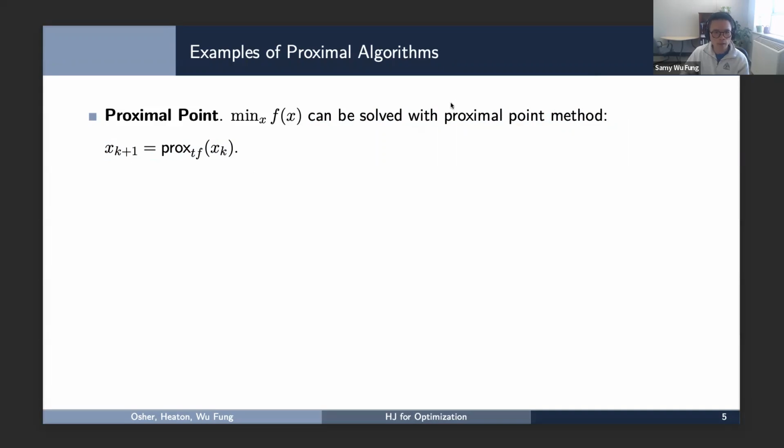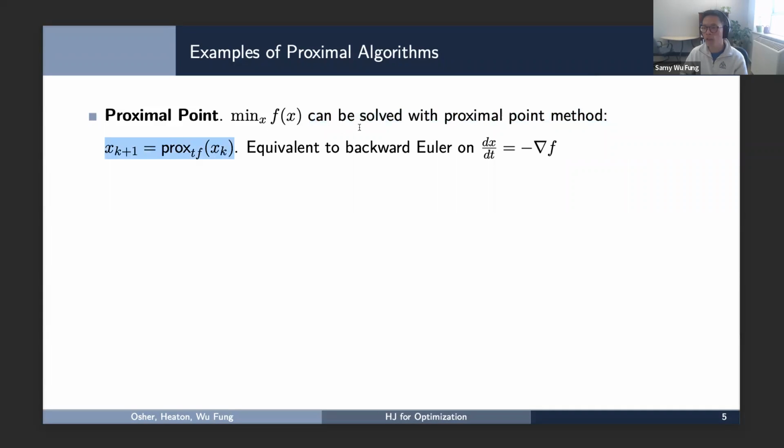This algorithm turns out to be equivalent to doing backward Euler on the continuous gradient flow equation. If I have this dynamical system and I want to flow in the negative gradient direction, then discretizing with forward Euler gives me gradient descent.